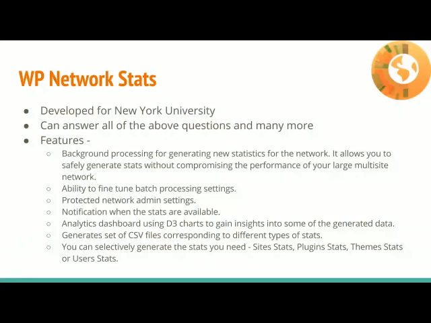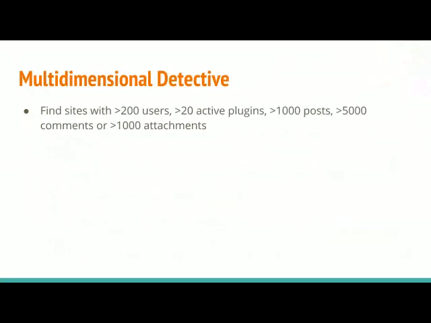So let's take a look at some of the questions that this plugin can answer. I'm sure this is a question that some of you might have come across, that you will need an answer to. For example, how many sites have more than 200 users and more than 20 active plugins, or more than 1,000 attachments.